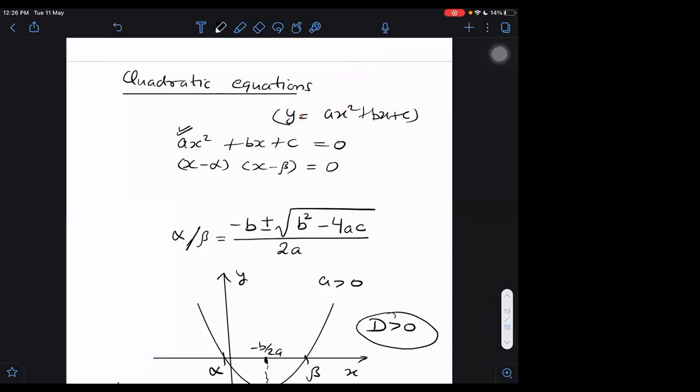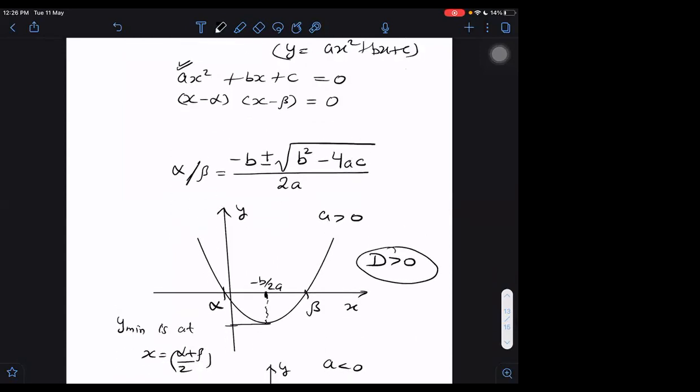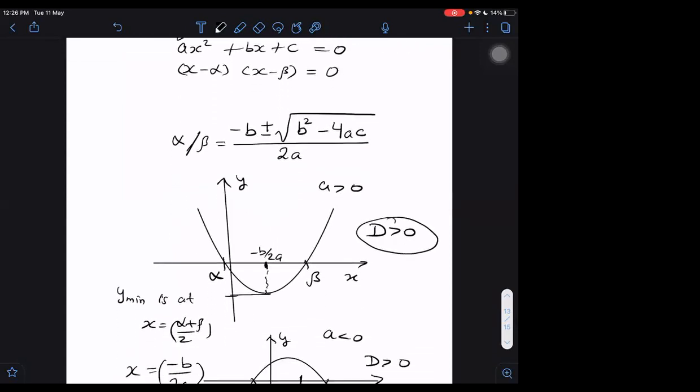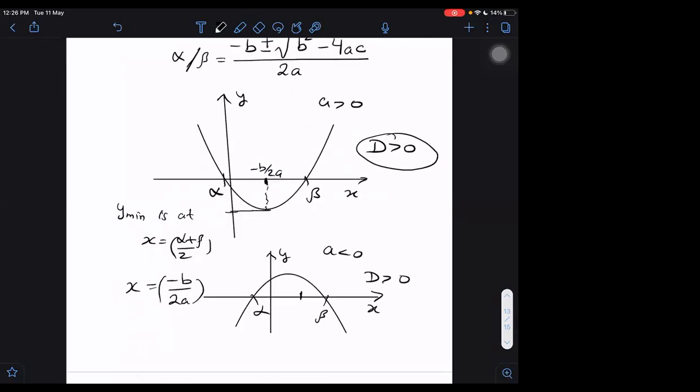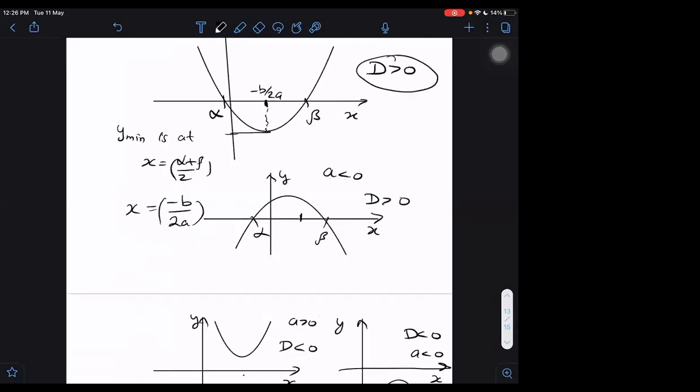What value of y do we get? At x equal to minus b by 2a, y is equal to 4ac minus b square by 4a. Okay, right.